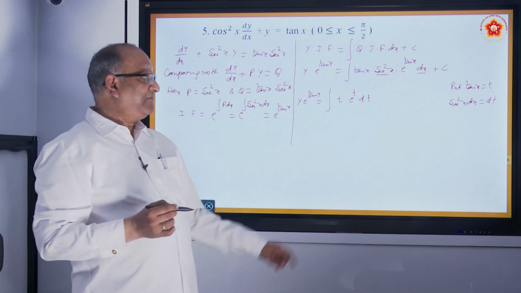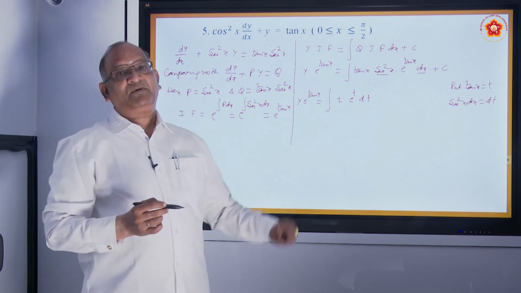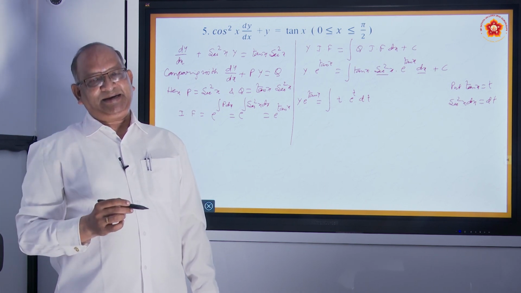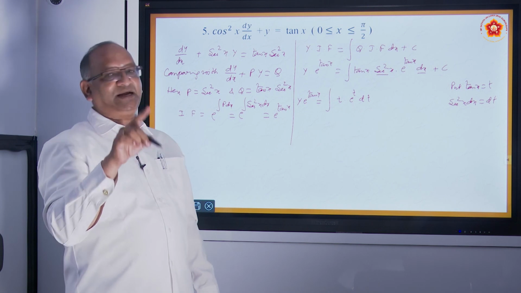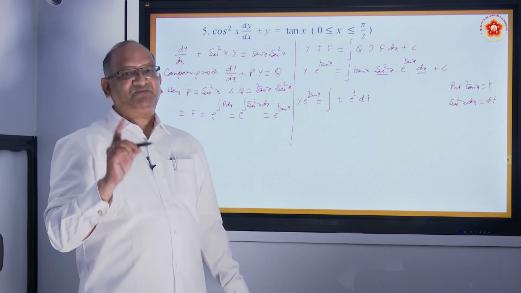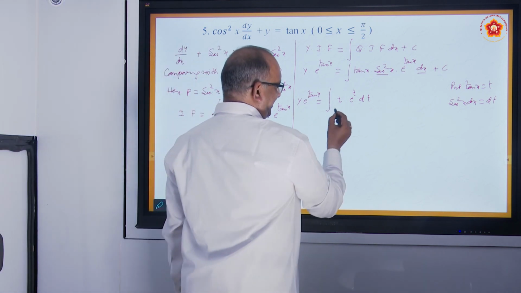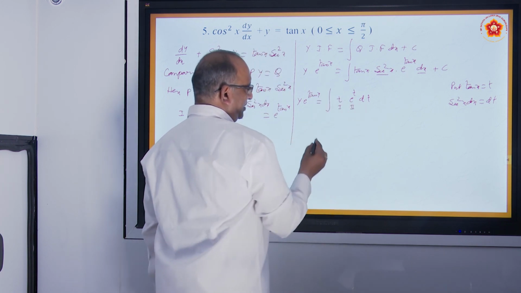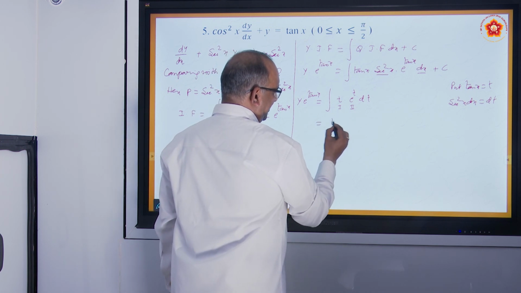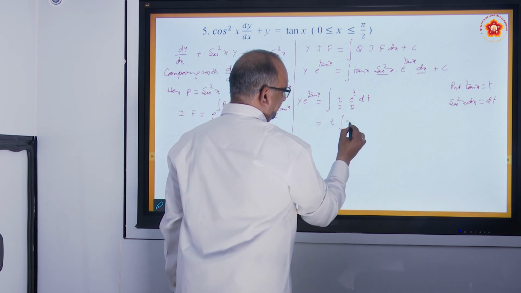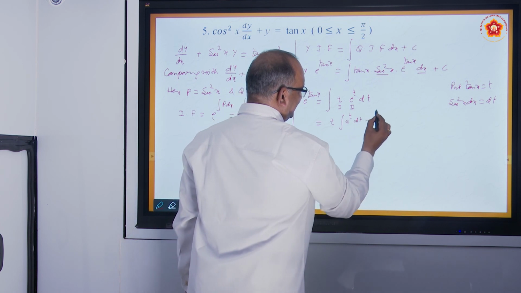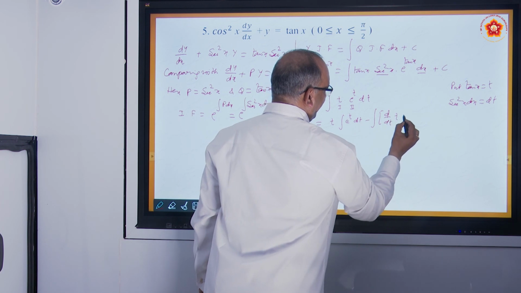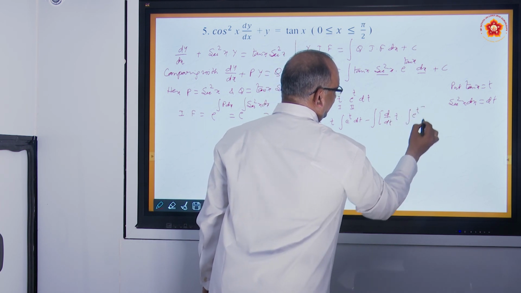But once again we have a product, t into e to the power t. If you go back to that formula I laid out, the algebraic term comes before the exponential. So t should be taken as the first term. Take t as the first term, e to the power t as the second term, apply the product formula, you will get first function into integral of second minus integral of d by dt of the first into the integral of the second.